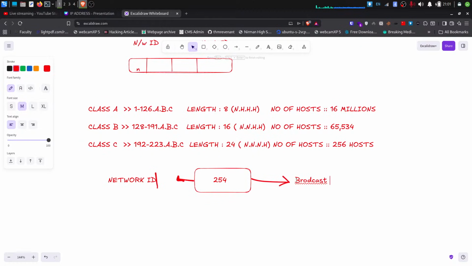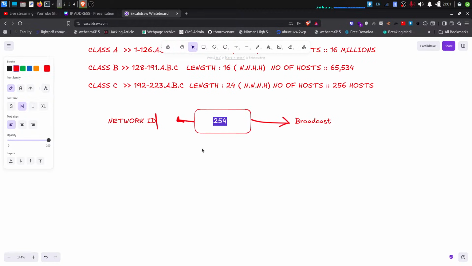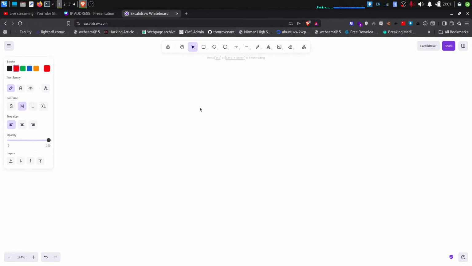Broadcasting is basically, if you want to broadcast anything to all the devices, you can use this last IP. So the usable hosts here are 254, right? Okay. If we are done, then we'll move to the next step, sending packets to all devices. Perfect.